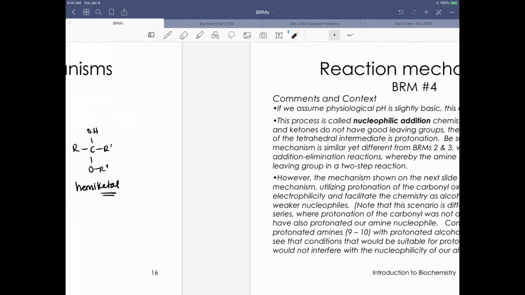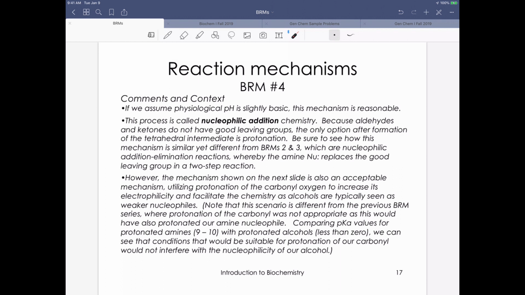A couple of comments just to think about, right? This process is called nucleophilic addition chemistry. Again, aldehydes and ketones do not have good leaving groups, so the only option after formation of the tetrahedral intermediate is protonation. So again, see how this is similar yet different from what we saw in reaction mechanisms 2 and 3. We called those nucleophilic addition elimination reactions.